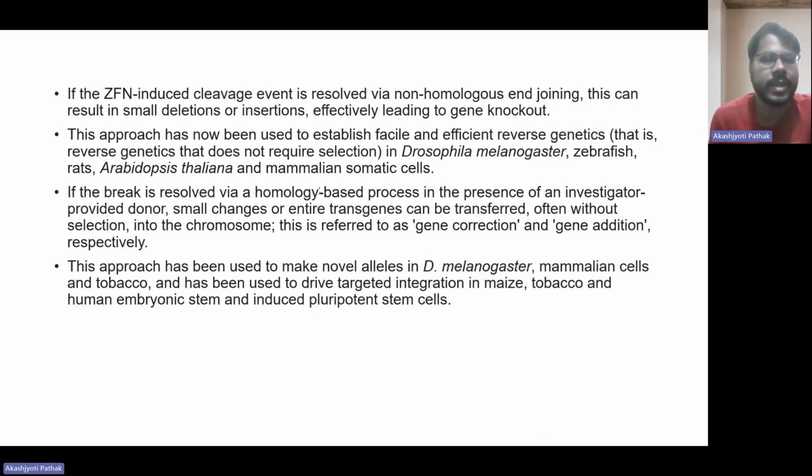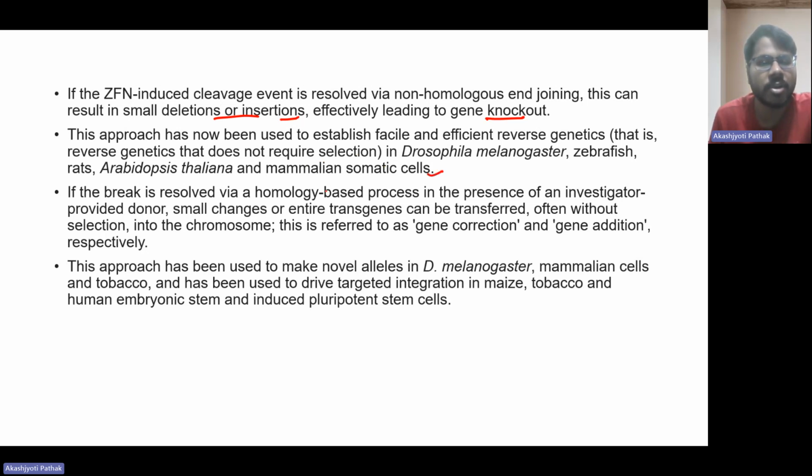If the zinc finger nuclease induced cleavage event is resolved via non-homologous end joining, then as I was mentioning, it will result in small deletions or insertions, effectively leading to a gene knockout. If you want to remove a particular gene, there can be different deletions or insertions, and that gene will be removed. This approach has been used to establish facile and efficient reverse genetics in Drosophila melanogaster, zebrafish, rat, Arabidopsis thaliana, and mammalian somatic cells.